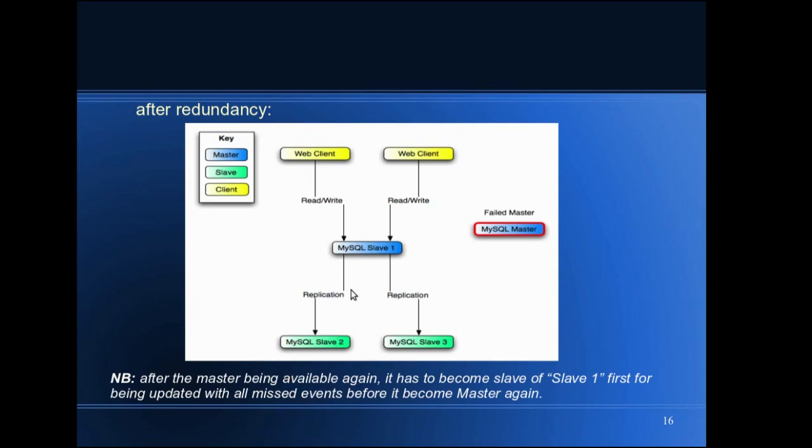And this is how it ends up after we promote slave 1 to act as a master. Now slave 1 is the master, the old master is a failed master, web clients are connecting to slave 1, and slave 2 and slave 3 are new slaves of slave 1.